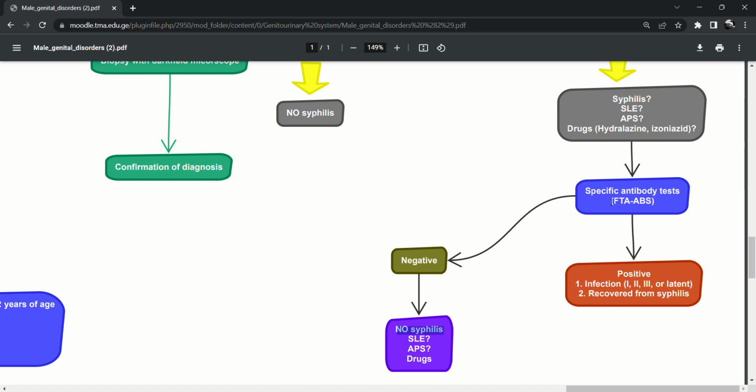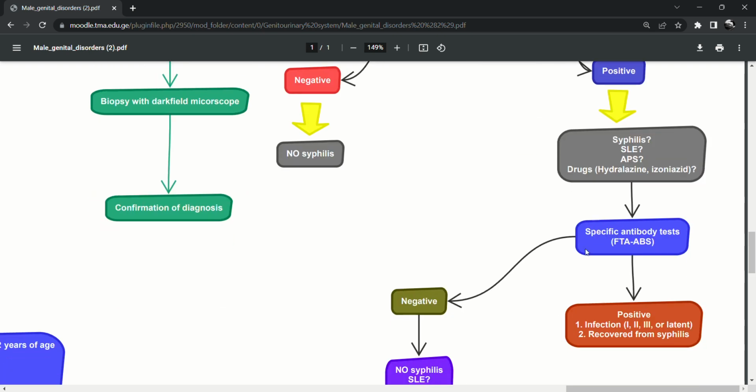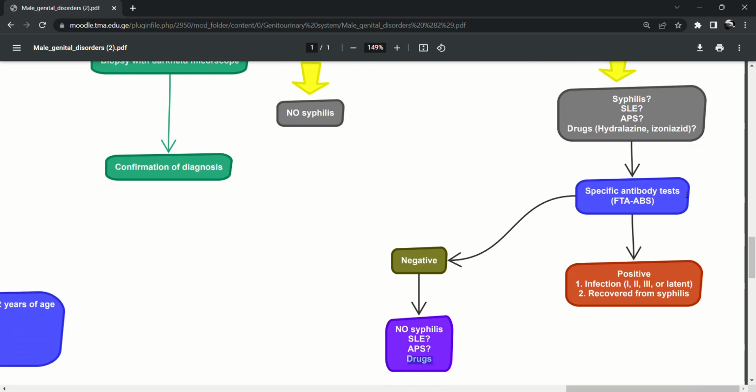If the specific antibody test is negative, there's either systemic lupus, antiphospholipid syndrome, or drugs causing increased cardiolipin levels. And if the specific antibody test is positive, then we're 100% sure that the person at any period of time was infected or is currently infected with syphilis.